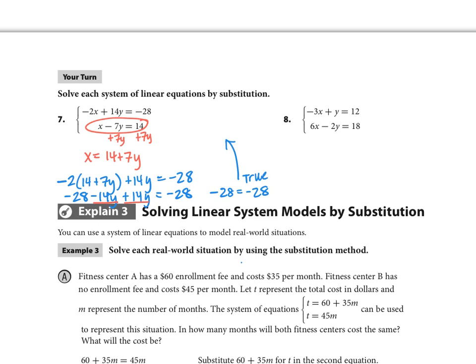And that means that no matter what we plug in, whatever the solution is to the first one, it's also a solution to the second one. So it doesn't matter what we plug in, it's going to be a solution. And that means infinitely many solutions.